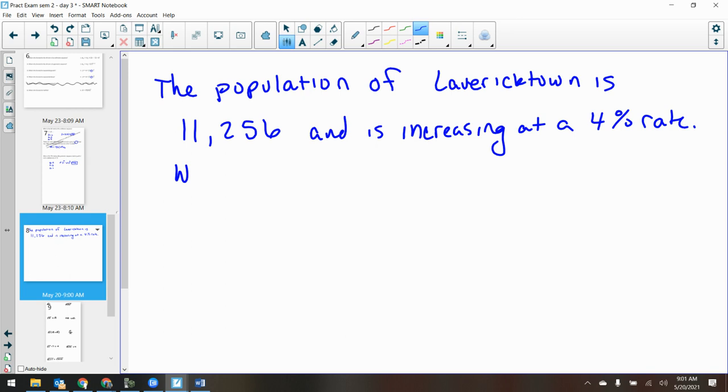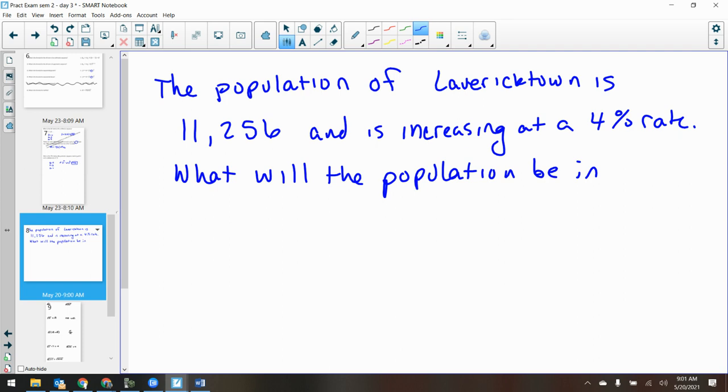What will the population be in 6 years, assuming the pattern continues? The population is 11,256, and it's increasing at 4% rate. What will the population be in 6 years?